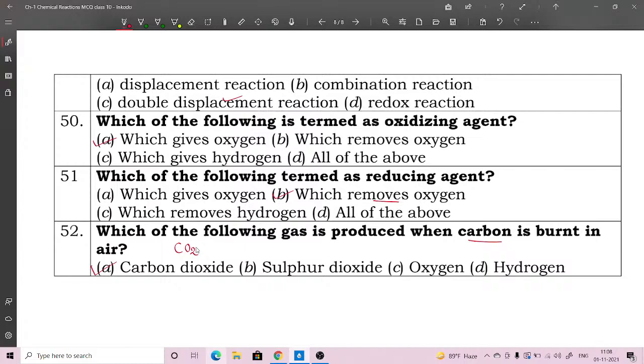So in today's session, we have covered the most important questions from chapter 1, that is chemical reactions and equations. These are the possible questions in this particular lesson. While revising for your upcoming exam, you should try to analyze the lesson, what the subtopics are, and try to find certain common patterns.